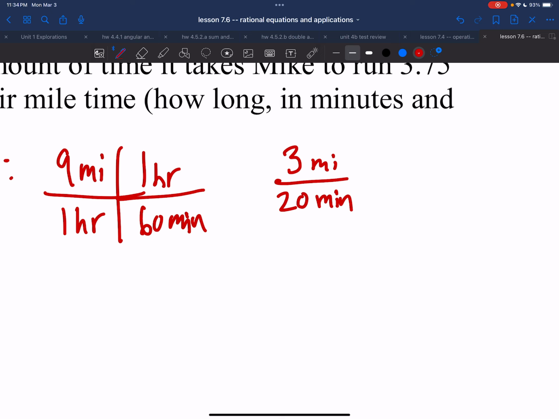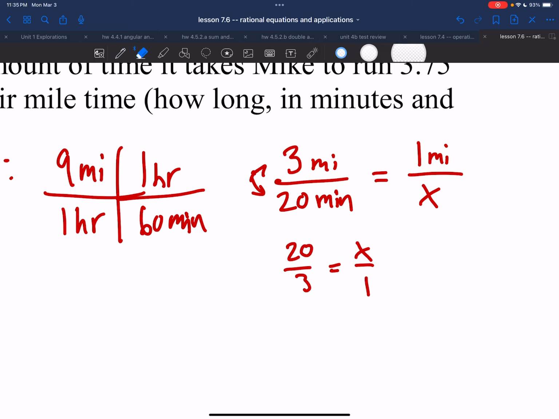But you want to figure out how long it takes to do 1 mile. So you set this equal to 1 mile per I don't know how much time. And since you want to solve for the question mark, which you could call x, 1 over x could be flipped. You can do reciprocals here and just flip the top and bottom and get 20 over 3 is x over 1, which is just x.